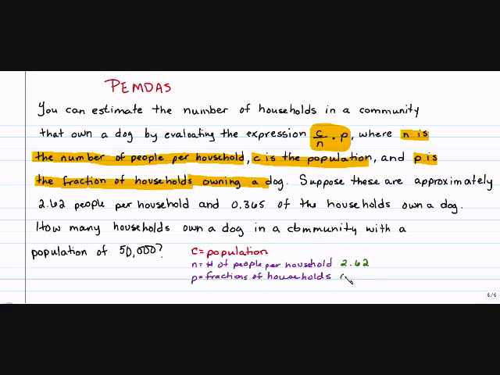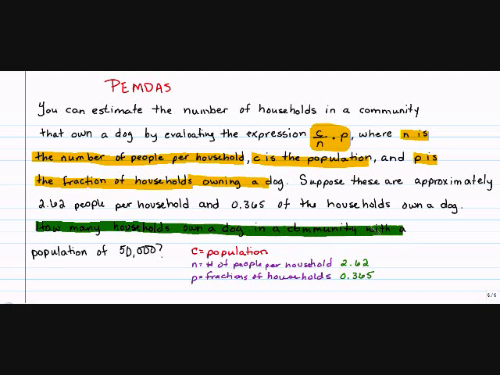Remember, P is the amount of people that own a dog. And the question says, how many households own a dog in a community with a population of 50,000? So our population is going to be 50,000.